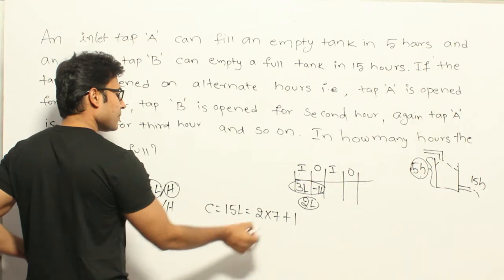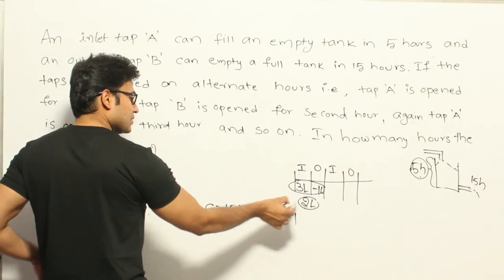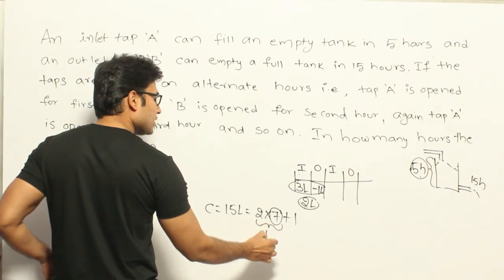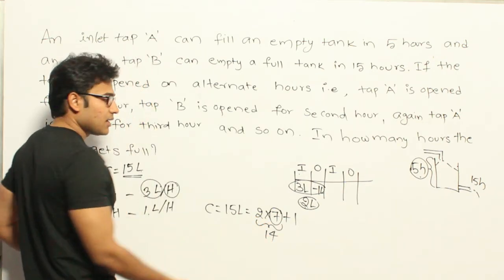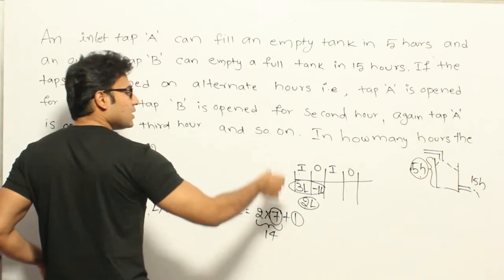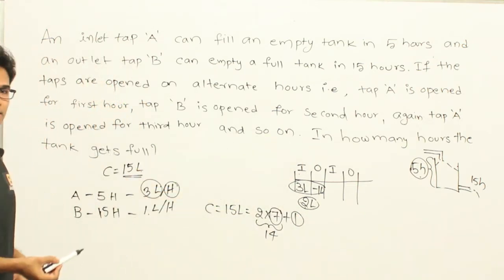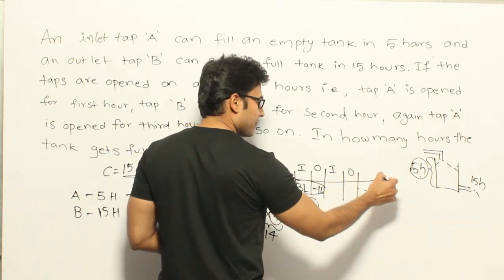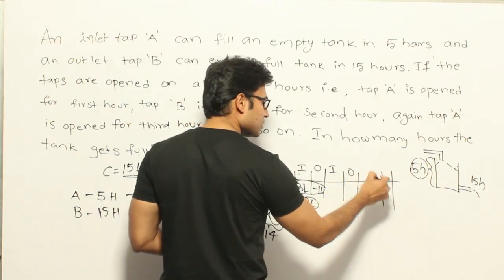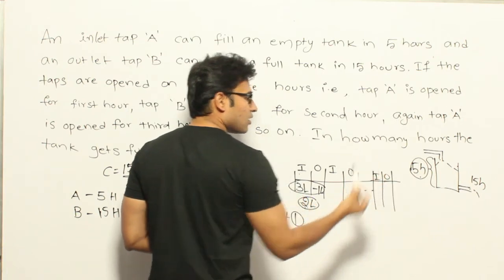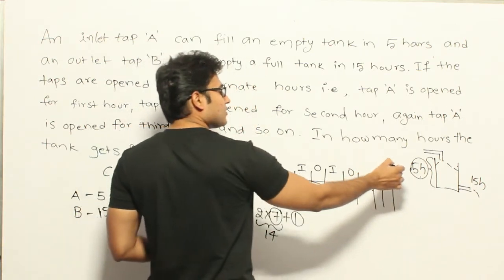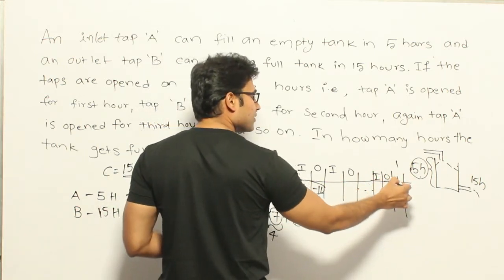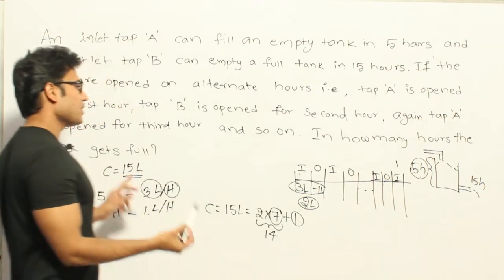What does it mean? If I let 7 such turns happen, I will be able to fill the tank with 14 liters, and 1 more liter has to be filled next. After 7 turns, the last one to finish the turn is the outlet. The next turn starts with the inlet.